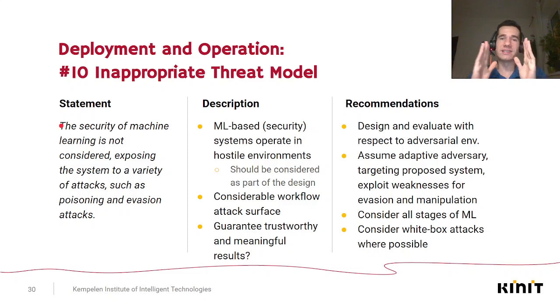Machine learning systems, especially in cybersecurity, operate in hostile environments. The goal of attackers is to infect the system or fool the protection, the security mechanism. And so researchers should consider these possible attackers during the design phase.